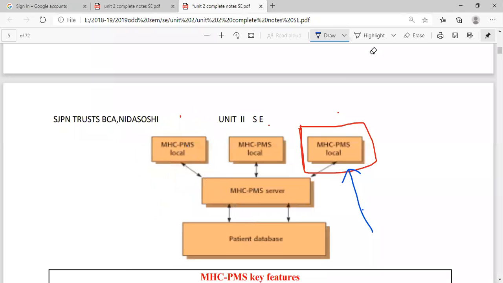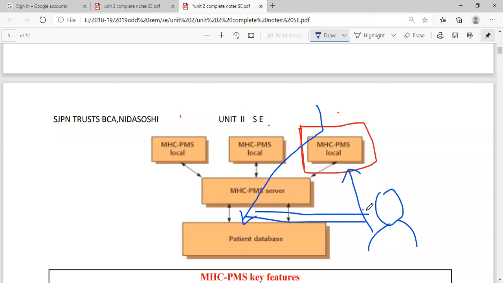Hence, the doctor located at Dharwad will access this server, and with the help of the server, he can access the patient database. It becomes easy for this doctor to provide treatment for this patient by accessing the information from this database.